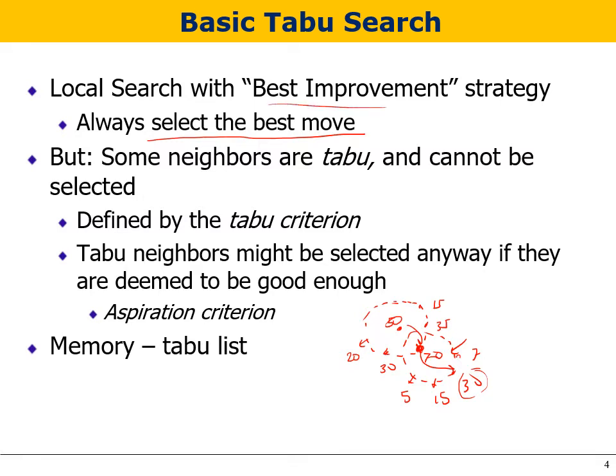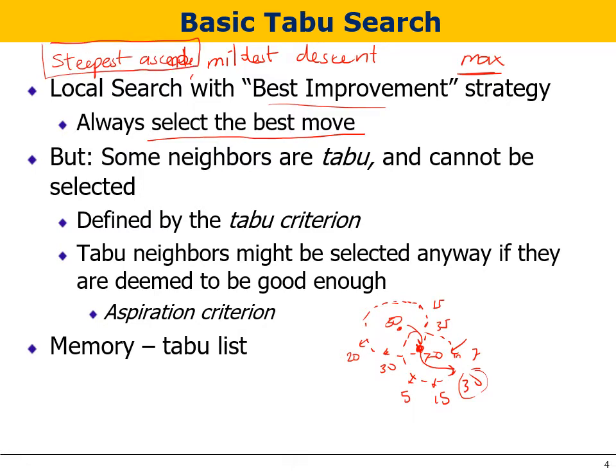So sometimes this algorithm is named as steepest ascent, mildest descent. So if you are maximizing, you want to increase your objective function as much as possible.